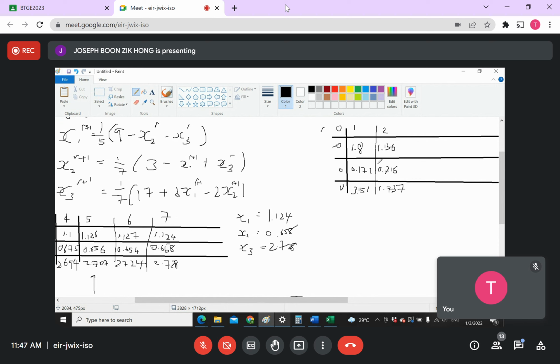So see, in the first round they are already going up and down for the third and second, from the lower point to the upper point. This one also the same. The x1 is still not there yet. We'll continue.